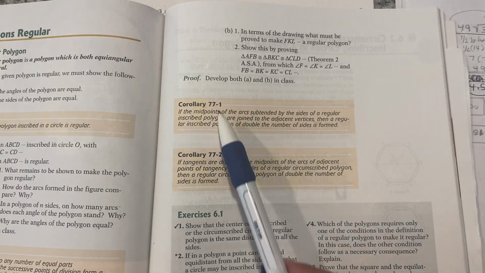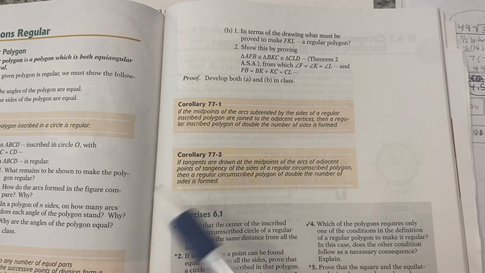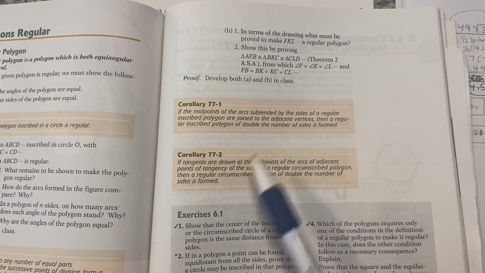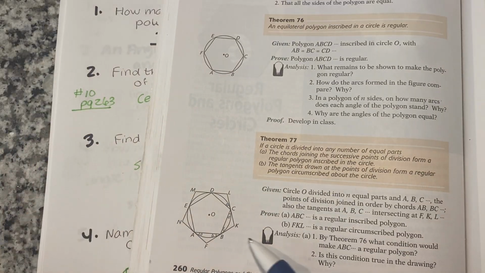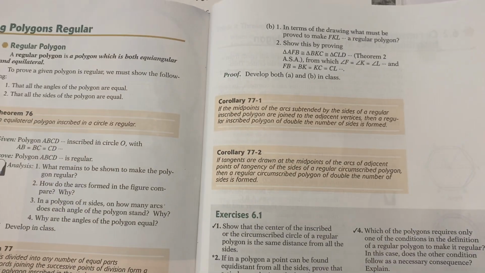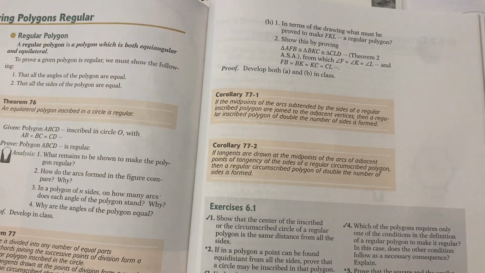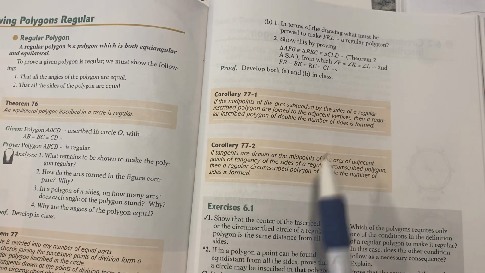Basically, all this is saying, if you take the midpoints and divide it up, you're going to have double. So this is a corollary to what we just saw. If you put the midpoints in between, you have a regular polygon with double the number of sides.